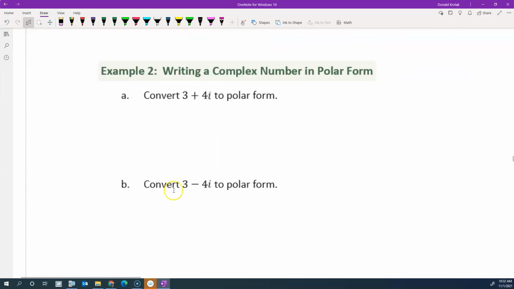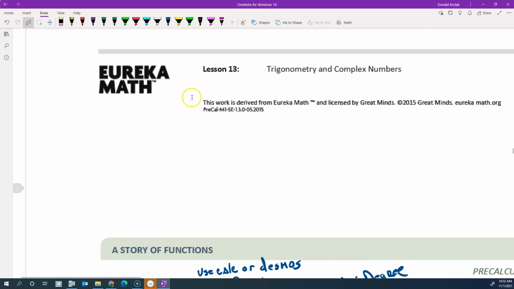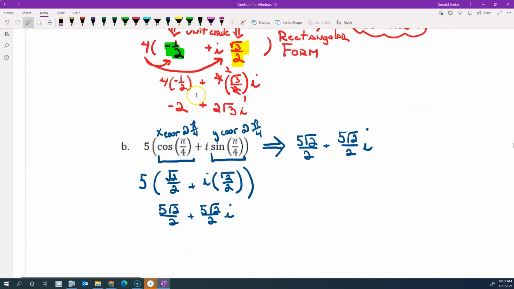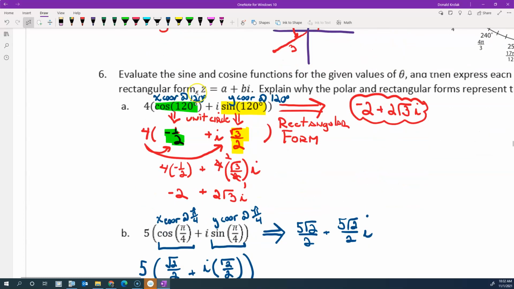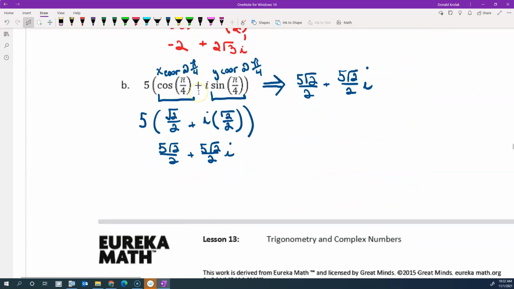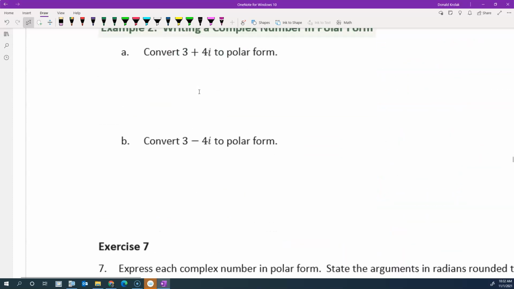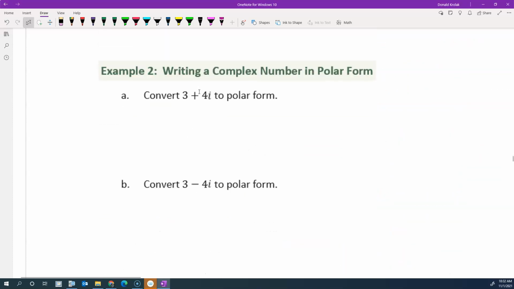All right. Now what we want to do is convert the other way. This was polar to rectangular, and now you're going rectangular to polar. Now you've already done this.